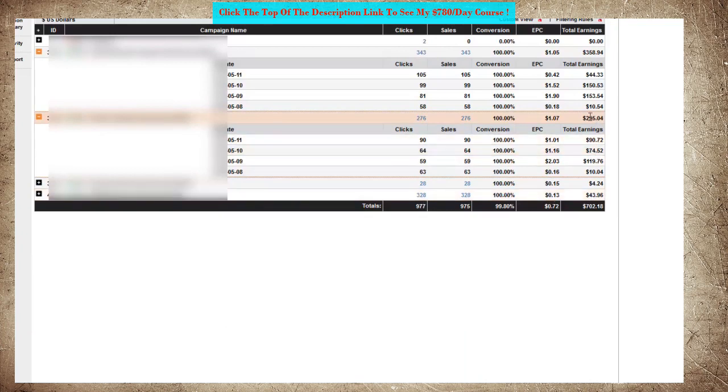But as you can see, the earnings were definitely far less than these 2. 358, 295 again, and this one only did about $43. Still a total of 702, and again it averages out between these 3 networks about $300 a day already, and I only just started this campaign, as you can see, a few days ago. So it's running absolutely awesome so far.